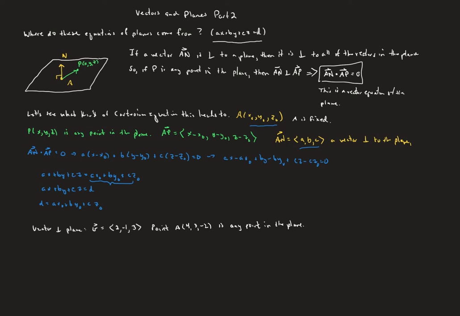So with that, we know from our normal vector here, this is going to be our a, b, and c.